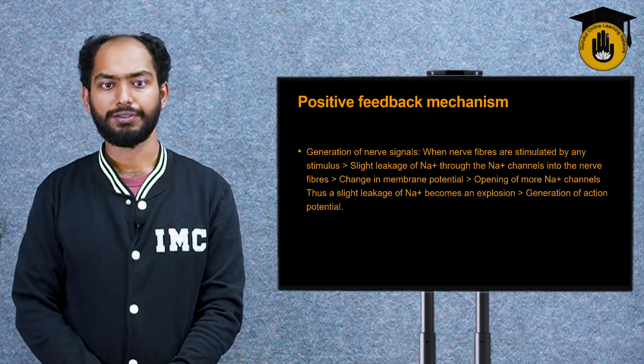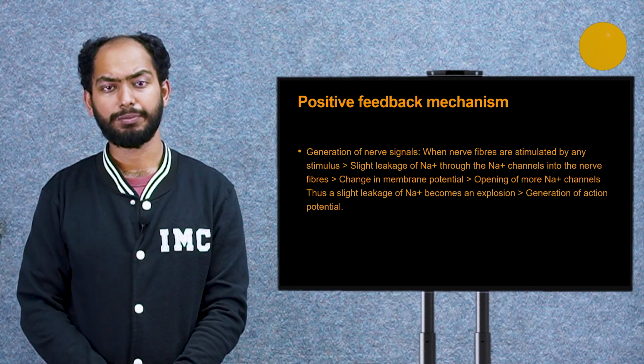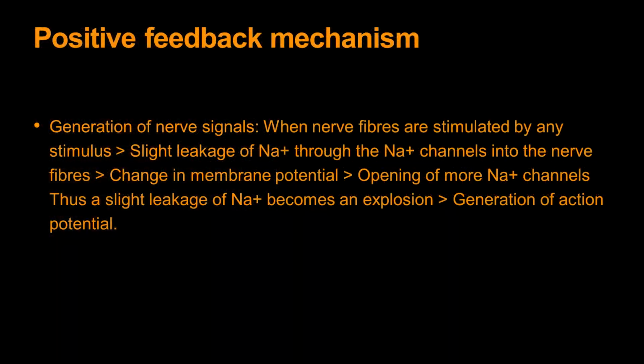Here comes another important topic under positive feedback, which is known as the action potential. The action potential is generated when a nerve fiber is stimulated. Let's say a mosquito has bitten you, or any system gives you a nervous stimulus, and this nervous stimulus will cause leakage of sodium into your cells, and the positive feedback mechanism will cause the leakage of more and more sodium.